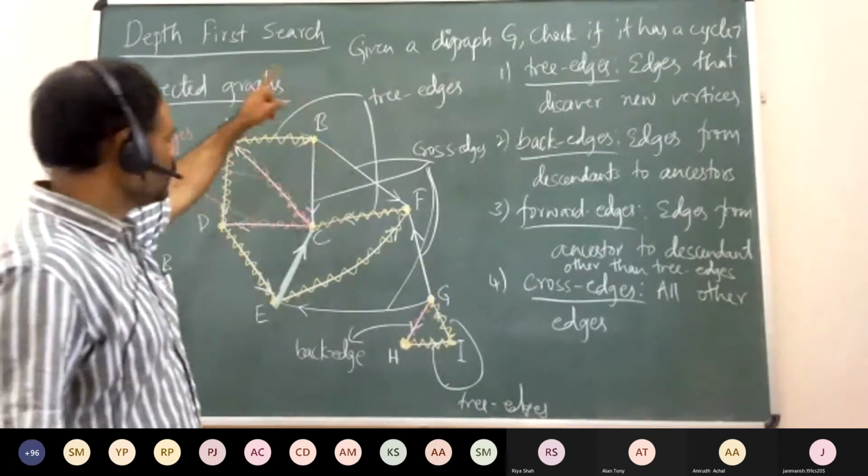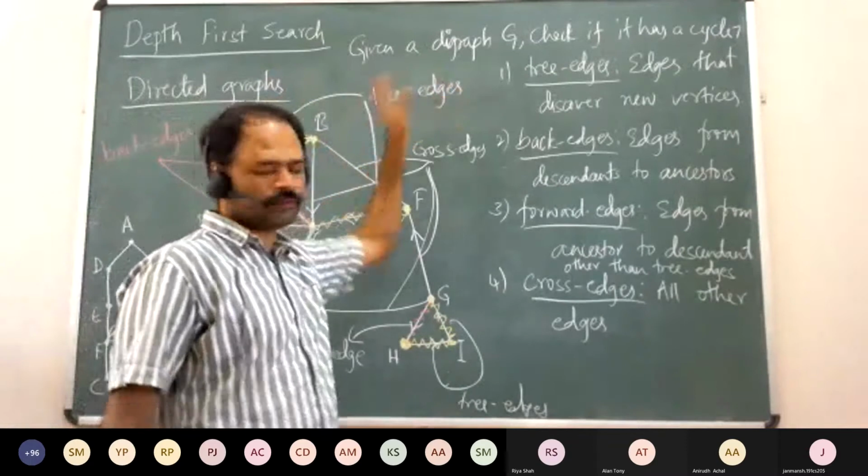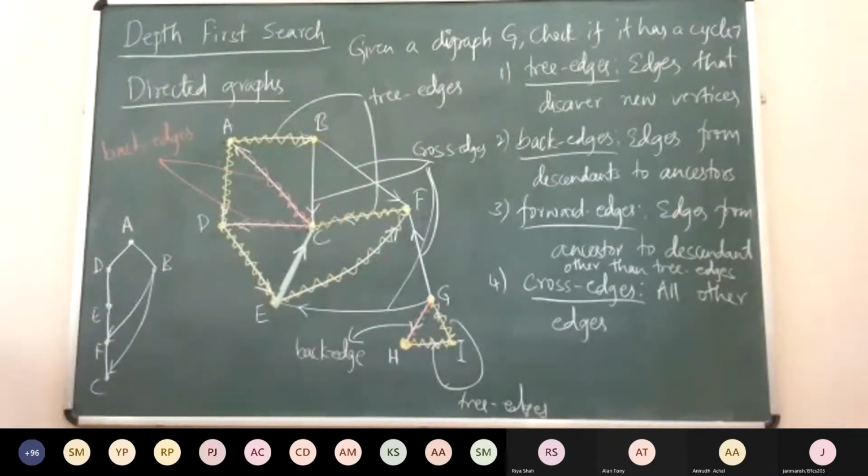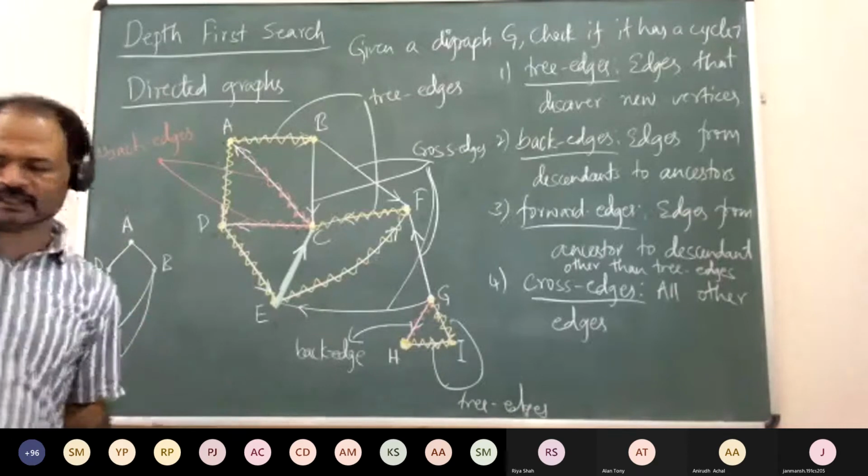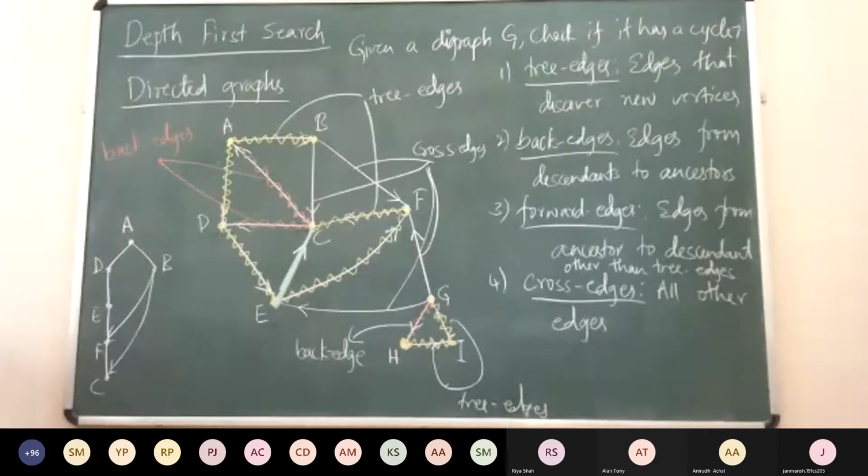So there we said that every non-tree edge, if it exists, means there is a cycle. Here, what Anirudh is saying is that suppose there exists a back edge, then there exists a directed cycle, right? So the algorithm is again pretty clear. Do a DFS, partition the edges. Suppose there exists a back edge, then you say yes, there is a directed cycle.